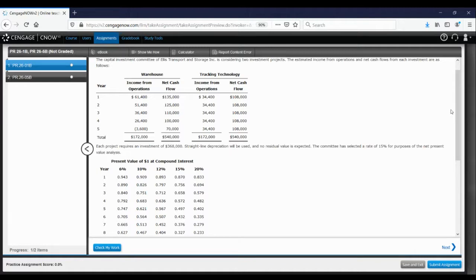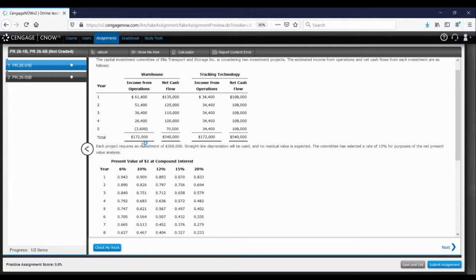But when you're determining the estimated average annual income, the numerator portion of this formula, you will need to determine the total amount of the income that you are expecting to receive off that investment.